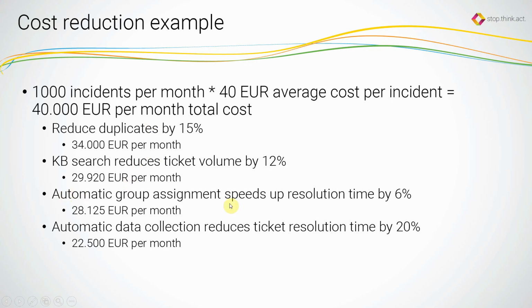As the group assignment is also automatic, that spares another 6% because of less time spent on determining the support group. And of course, automatic data collection is possibly the biggest benefit. So at the very end, you might end up with half of the total cost for SAP related incidents.